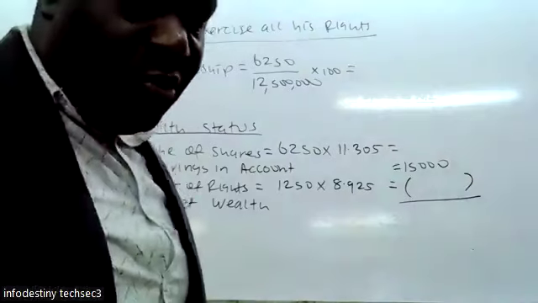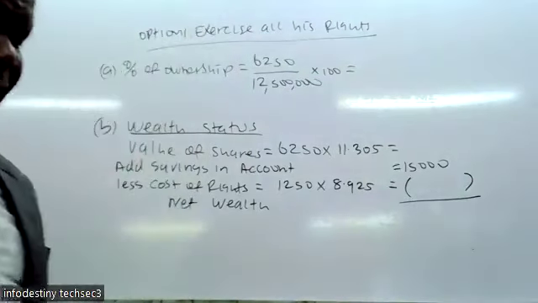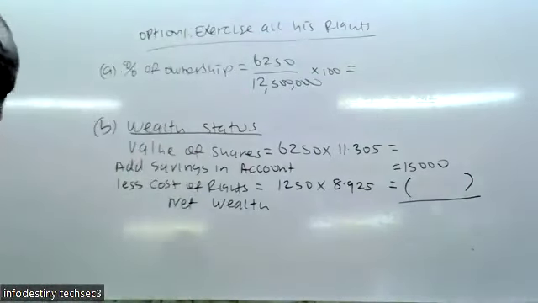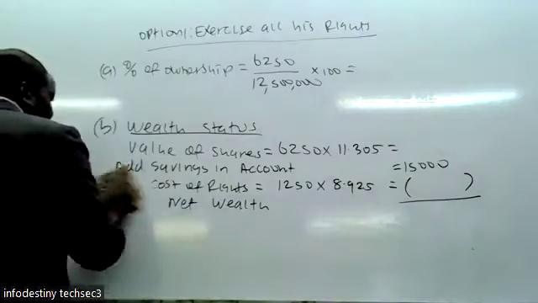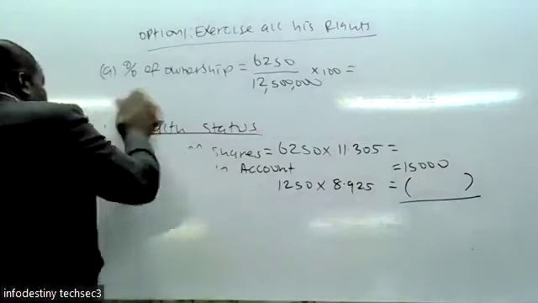Let us now go to the Roman letter 4, which is the same as option 2. Option 2 is to sell all his rights.